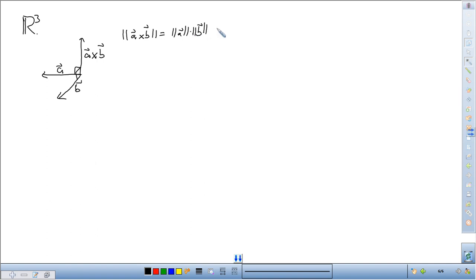We're going to multiply that by sine of theta, theta being the angle between A and B. So if we look here, this angle here is theta. So I can figure out the magnitude of this vector. I know it's orthogonal to both A and B.